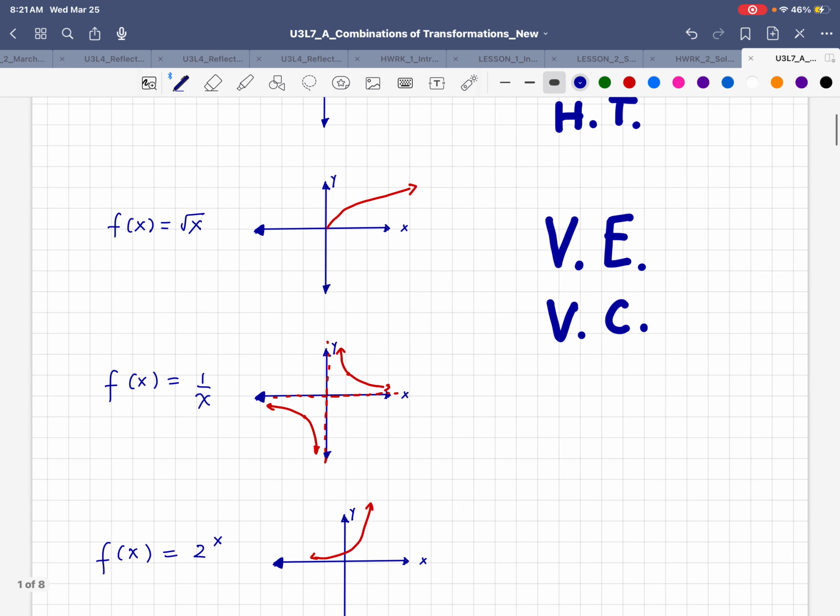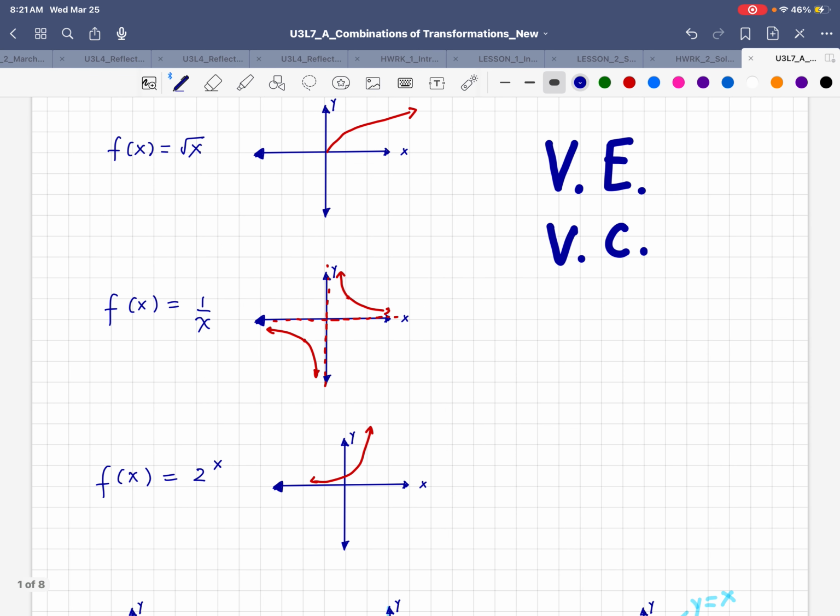And the stretches can also be applied in the horizontal direction, where we can stretch or expand the functions in the horizontal direction, make them wider, or we can compress in the horizontal direction, which makes the graphs of functions look narrower.